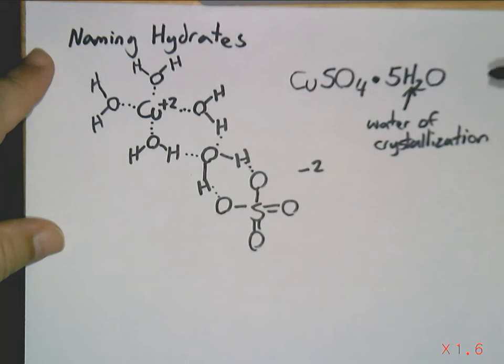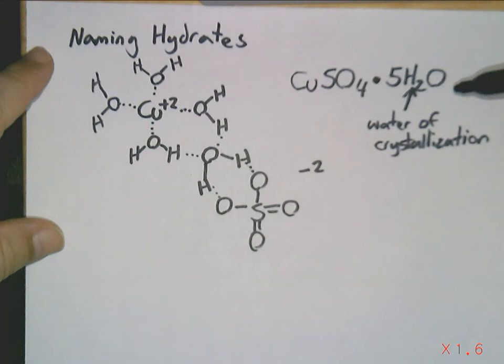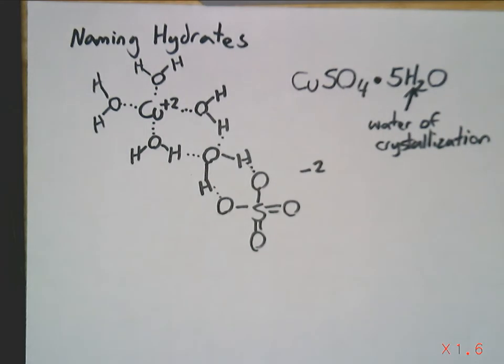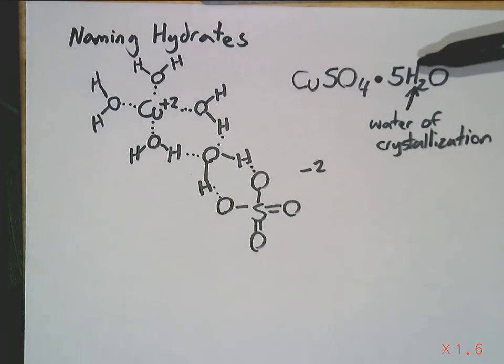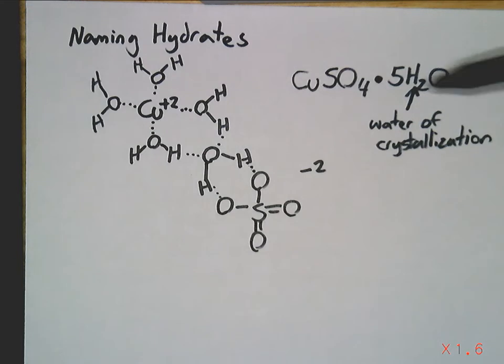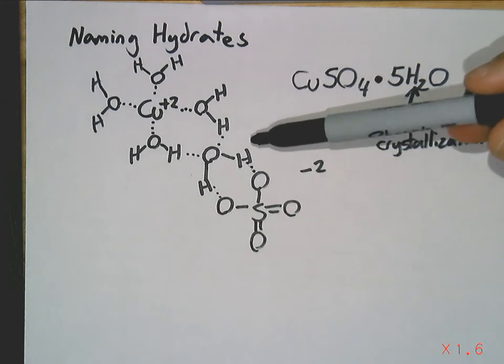Now, before we go on, notice that there are 2 things that are different about this formula than any formula that we have done up until this point. One thing that's different is that we've got this dot here. This dot means that these are held together in the crystal, but they're not strongly bound to the ionic compound. They can be driven off. In fact, if you heat blue vitriol, if you bake it, you'll drive all the water off.